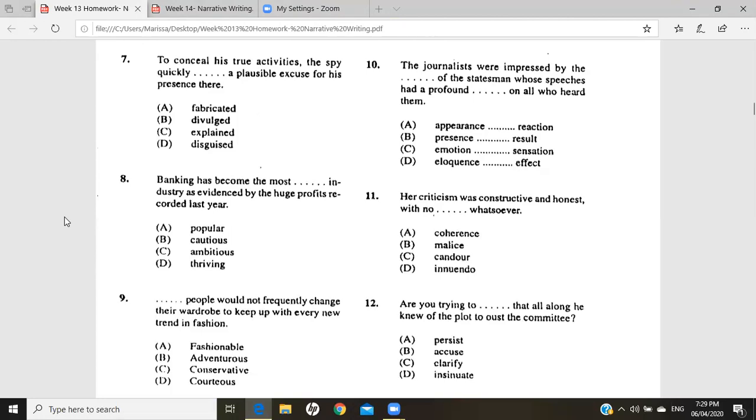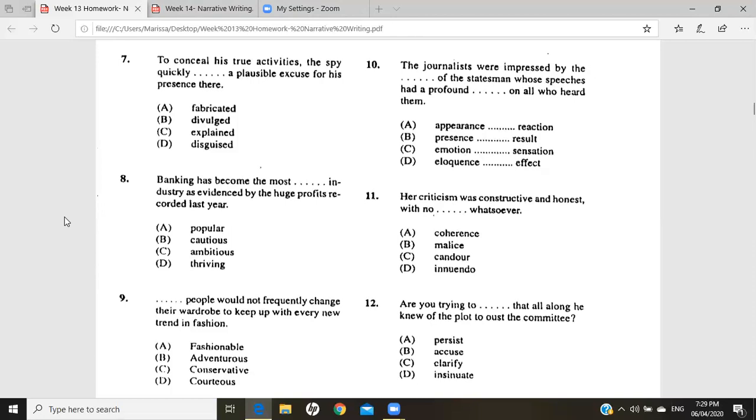Good. So number 11. Her criticism was constructive and honest with no something whatsoever. Candor, see? Not candor. B. Yes, B, malice, meaning like hate.